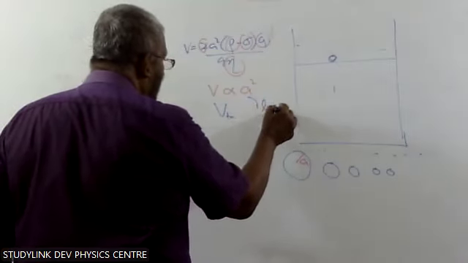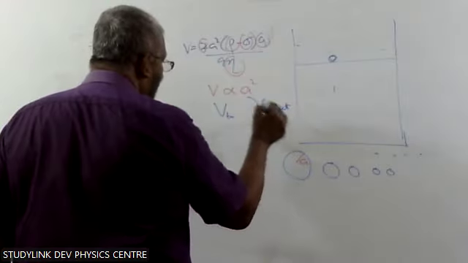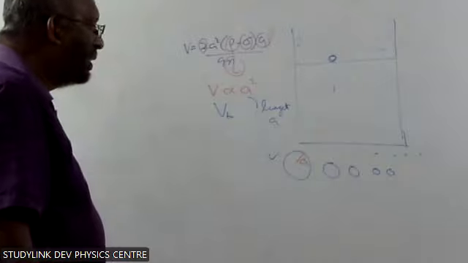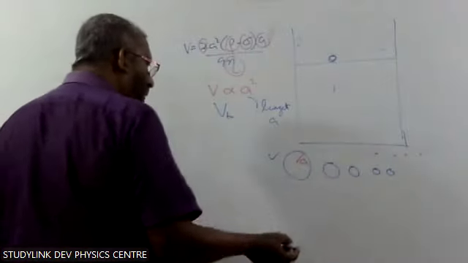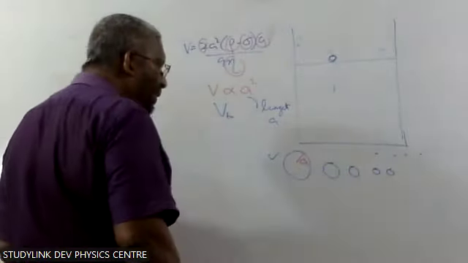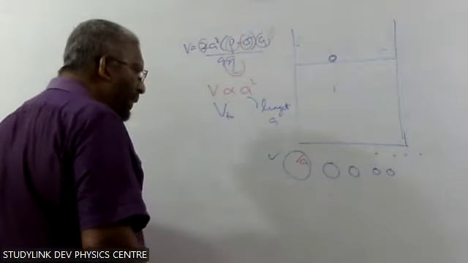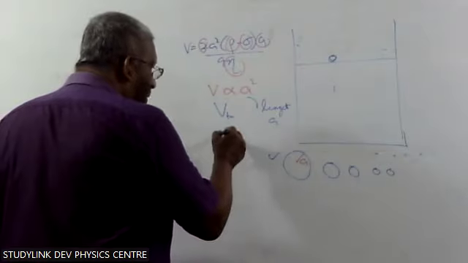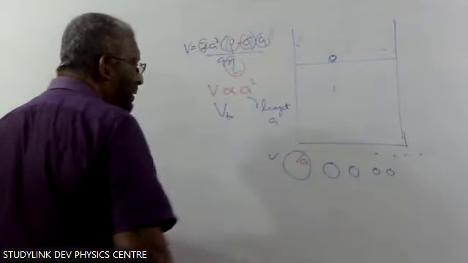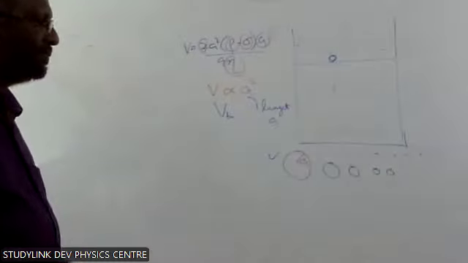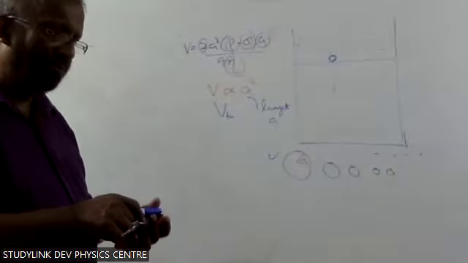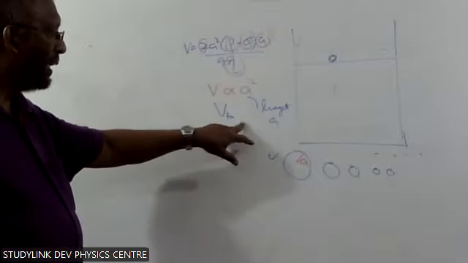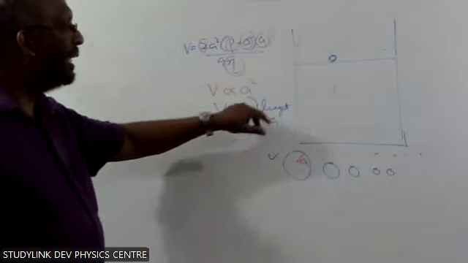The particle which has the smallest radius gets the lowest terminal velocity. The largest one has a large terminal velocity.